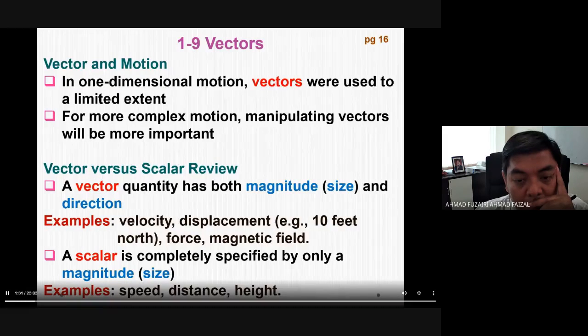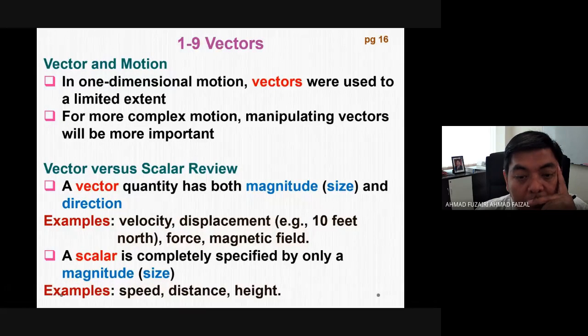Okay, so here is a vector versus scalar review. So a vector quantity has both magnitude, or we call it a size, and also direction. Okay, for example, here is a velocity, okay, displacement. So for example, here is 10 feet north. So 10 feet here is regarding the magnitude, and north here regarding the direction.